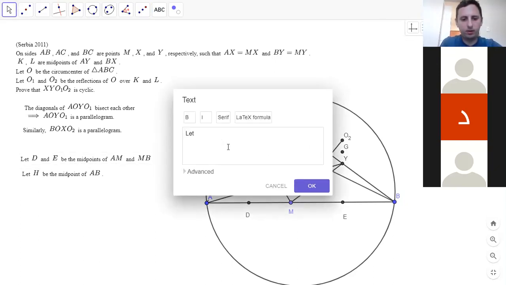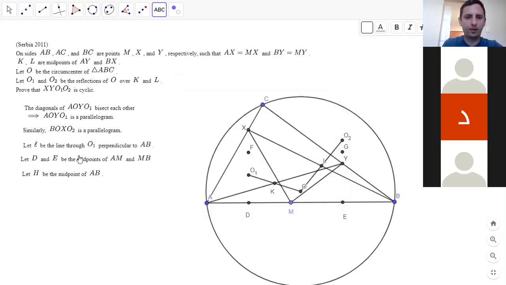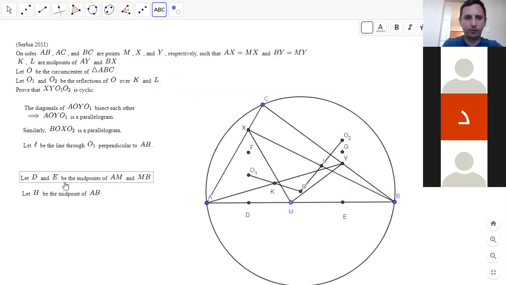Let L be the line through O1 perpendicular. I don't know if this is the fastest way to express it, but we would have the distance from A to L is the same as the distance from O to YE.